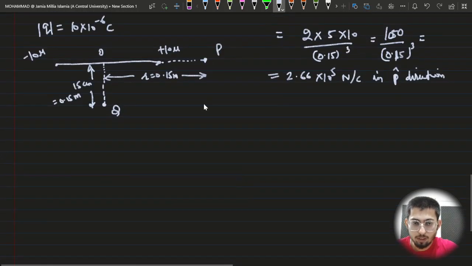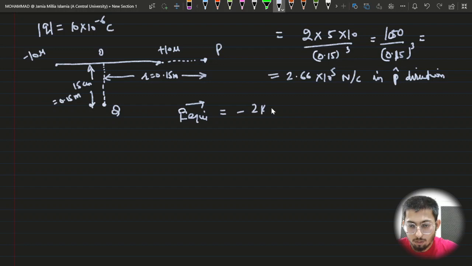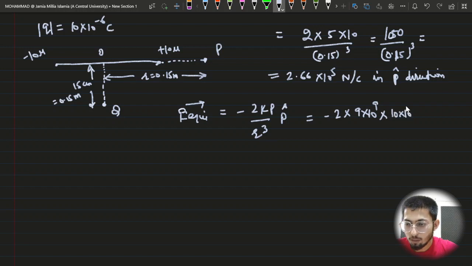So in this case we will find E equatorial, not E axial. It is minus kp by r cube in the p unit vector. So minus 9 into 10 to the power 9, q into 2a, q is 10 into 10 to the power minus 6, and 2a is the same thing.